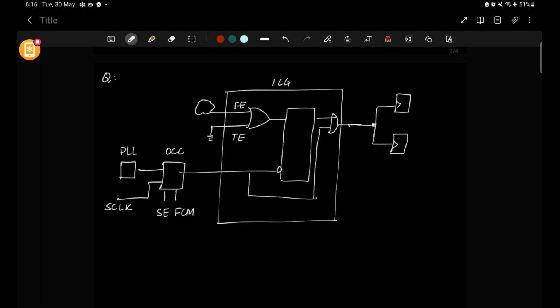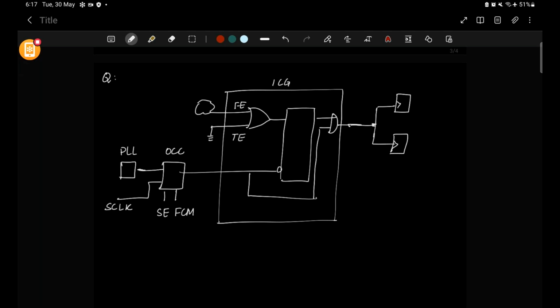Ma'am, by connecting the fast clock to the mux, we should add the mux for the OCC clock port and the fast clock. Where exactly can you tell me the point?